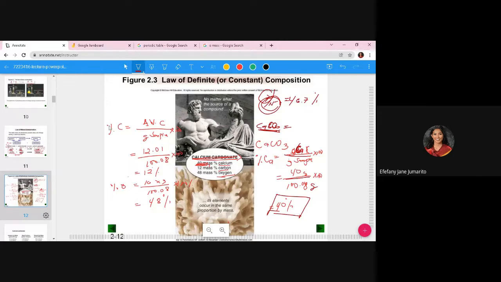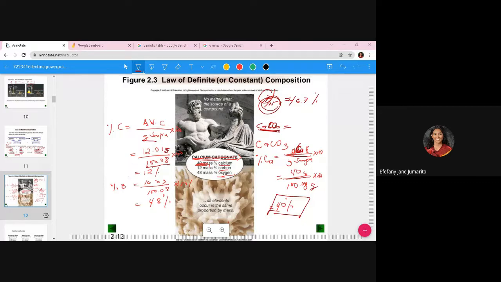The same. Percent carbon is the atomic weight of carbon, 12.01 grams, over the total mass of your sample, 100.08, times 100, then that will be 12%.